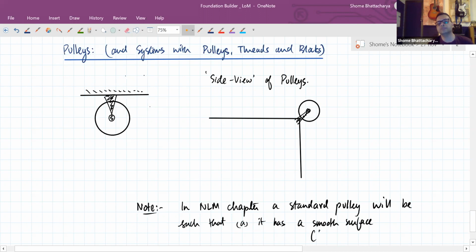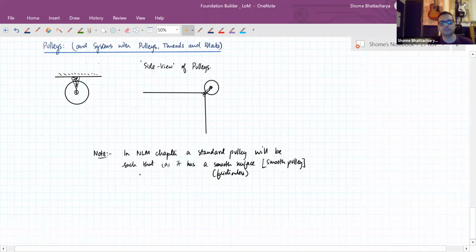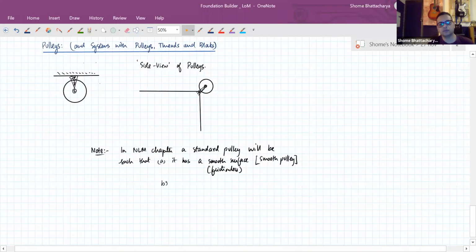And by smooth again we mean frictionless. So in terms of pulley we say this is a smooth pulley. I'll explain what this term means, but first note this down. And secondly, a standard pulley will be such that its mass is negligible.